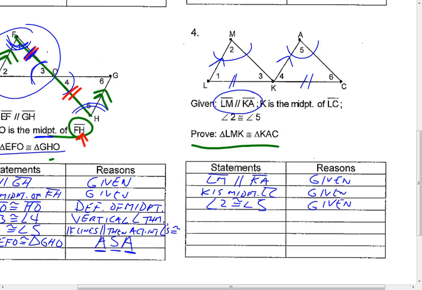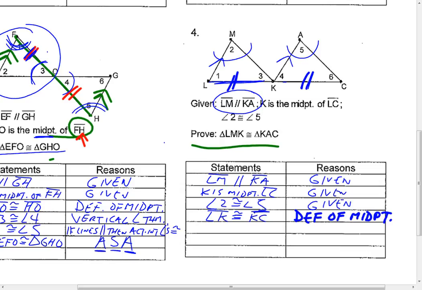What else should I be putting right here that I have not yet? Definition of midpoint. All right, definition of midpoint, good. I didn't actually show this. I gotta put in that LK is congruent to KC.